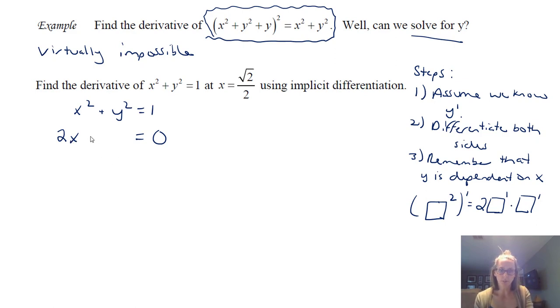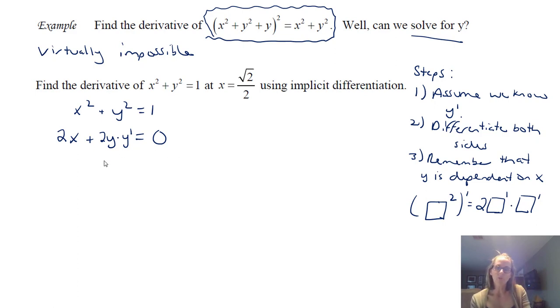The only difference is, when we take the derivative of y squared, that is not just 2y. It's 2y times the derivative of y, which is y prime. Now that's technically true with x squared as well. The derivative of x squared is 2x times the derivative of x, but the derivative of x is 1.